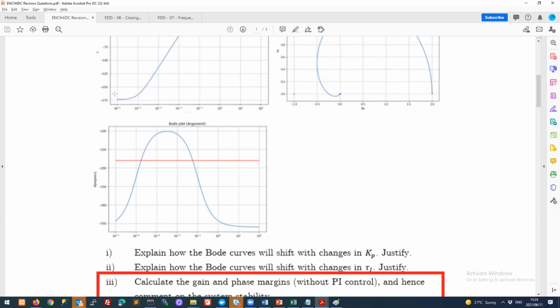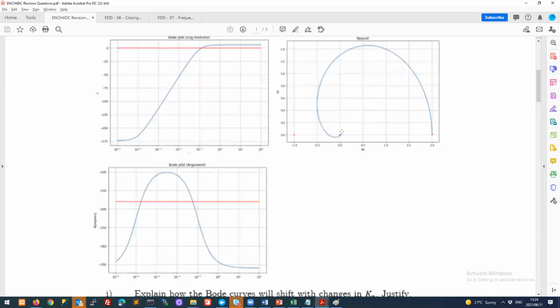When you see a negative value like this, the actual magnitude of the gain margin is a very small number, very close to 0. This is 10 to the power -150, so approximately 0. So that must be this point here, because at -180 degrees we're on the negative real axis, so we are probably looking at a point very close to the origin here.